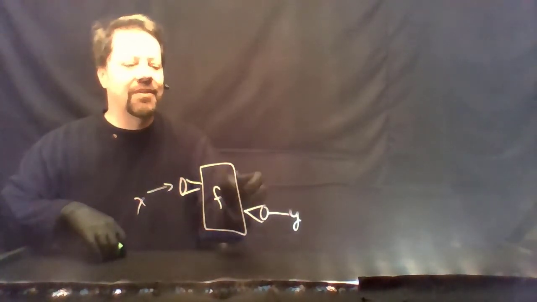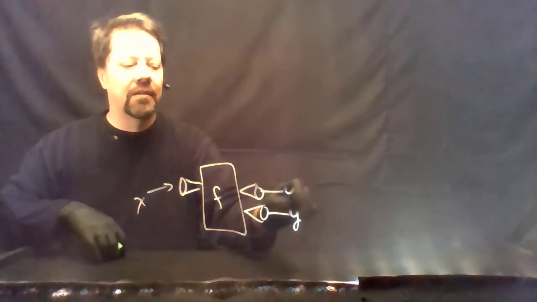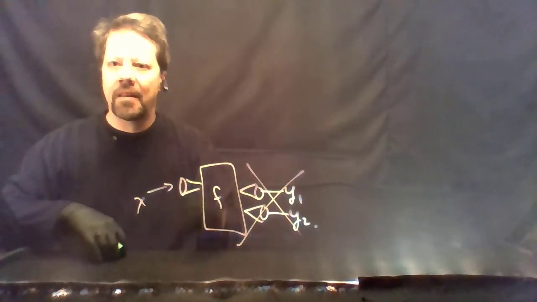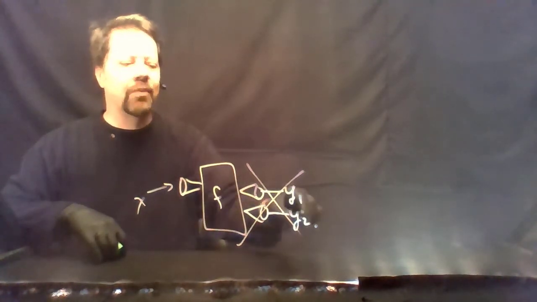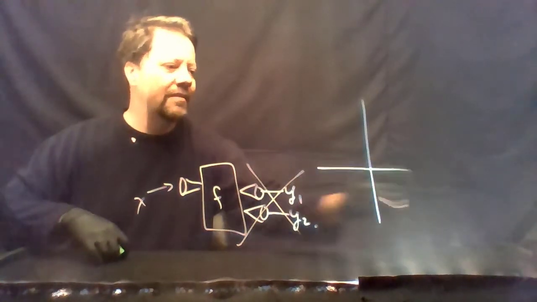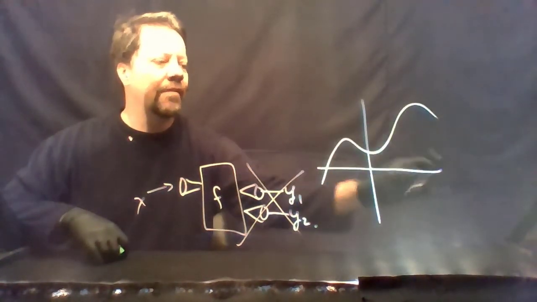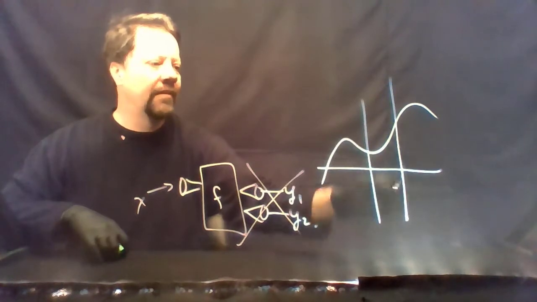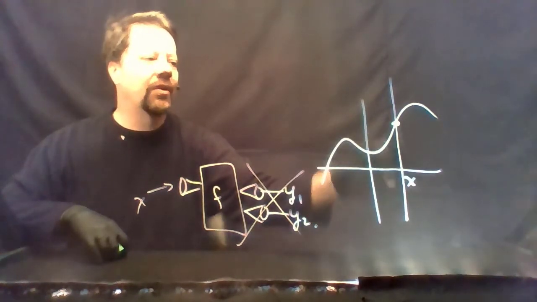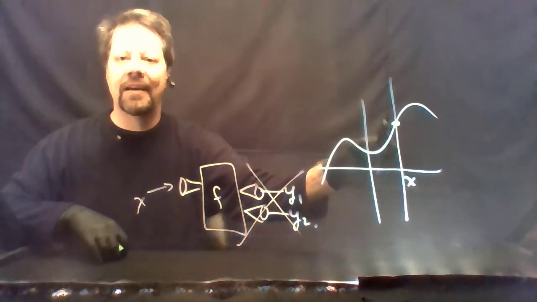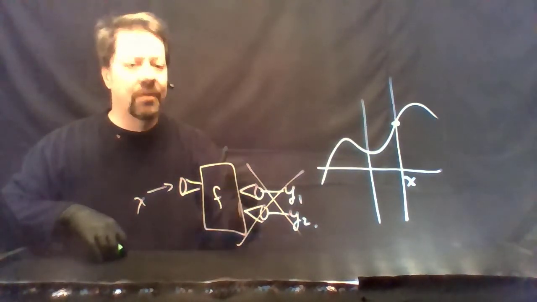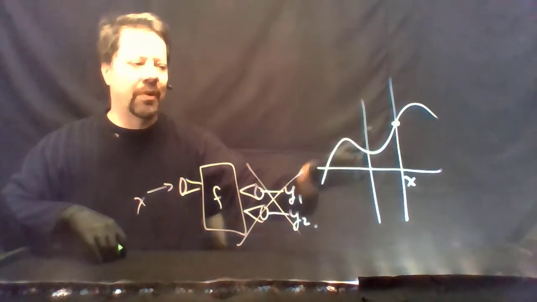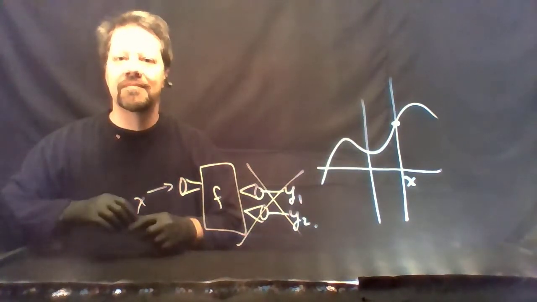I don't want to get two things out for a function. That wasn't true for relations. What does it mean to get only one output out? It means that for the graph of a function, for each x input, you can only get one y output, not two or more. You can get more than one y output for a relation.